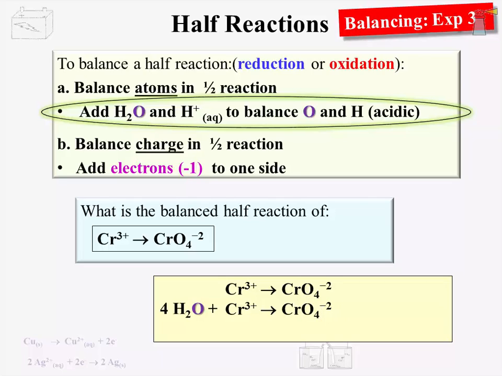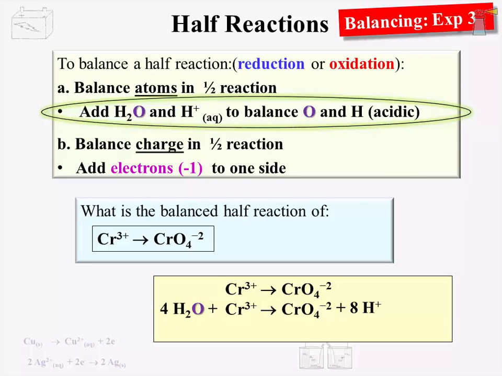That takes care of the oxygen, but it introduces a new element in the process. The reactant side now has hydrogens. The product side will need to acquire some hydrogens. According to the rule, hydrogen is balanced by adding hydrogen ion to the opposite side of the reaction. 4 waters introduce 8 hydrogens to the reactant side. 8 hydrogen ions are therefore introduced to the product side.